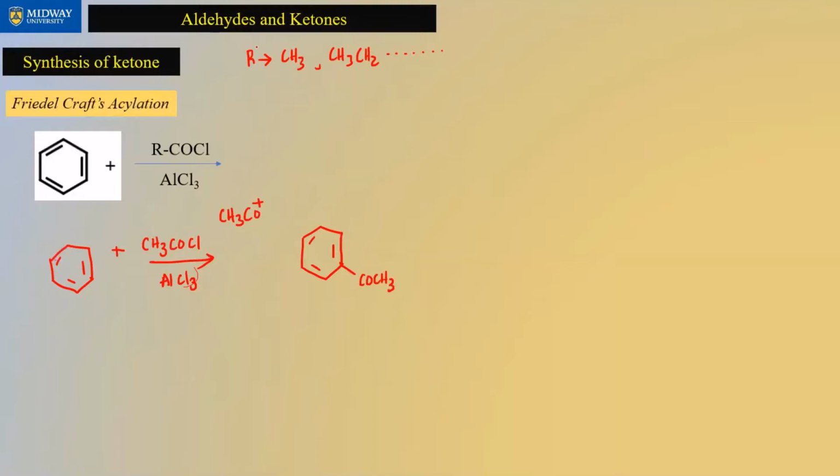So what if I had started with CH3CH2COCl and AlCl3? I think I demonstrated that also in my video. This is also Friedel-Crafts acylation. The only thing is we changed the value of R, but the process still stays the same.